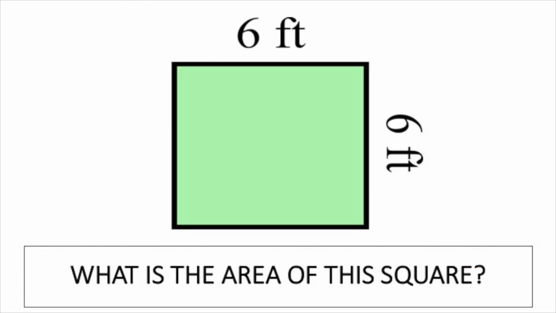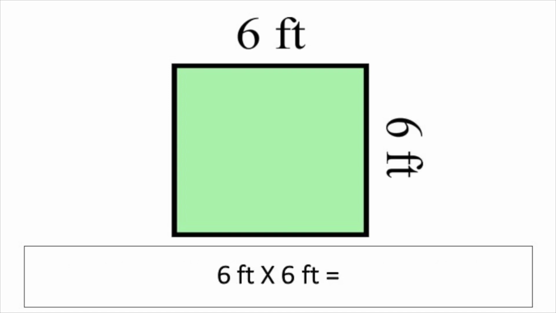What is the area of this square? So now it's not 5 times 5, and it's not centimeters. 6 foot by 6 foot equals 36 foot. Excellent. 6 times 6 is 36.